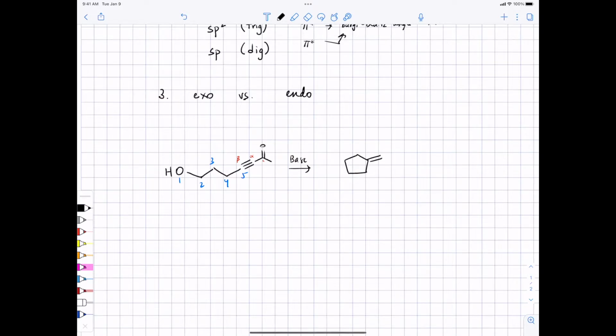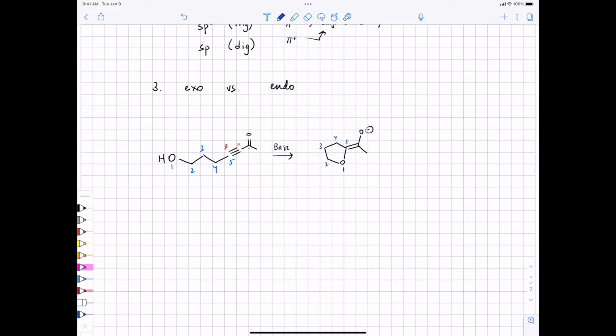And this would be the immediate product following that addition. 1, 2, 3, 4, 5. So the idea is you deprotonate the oxygen and those electrons attack there.